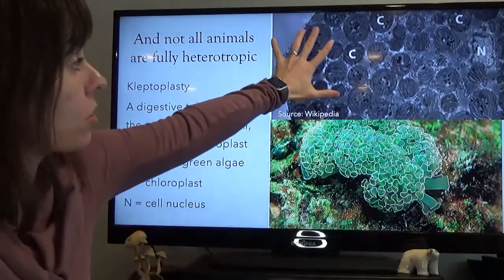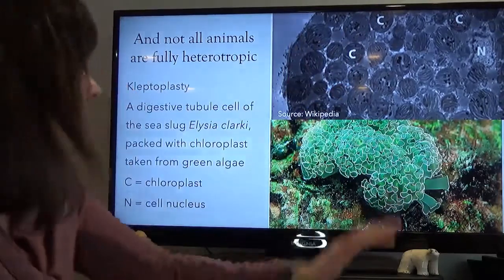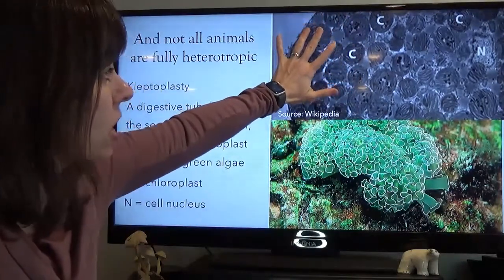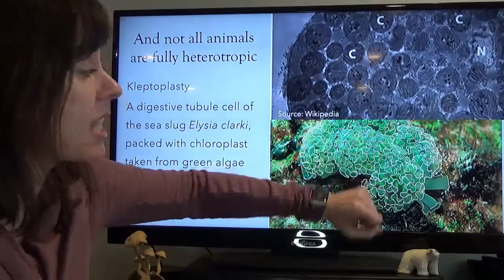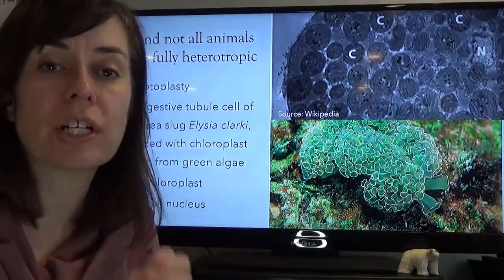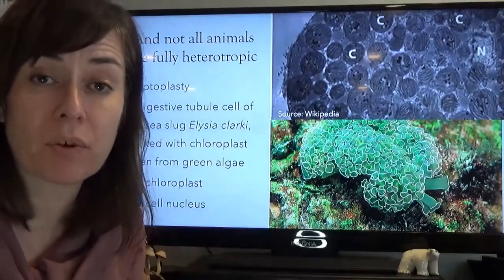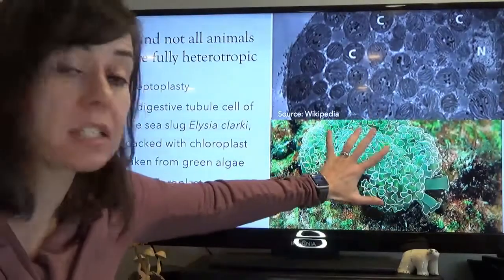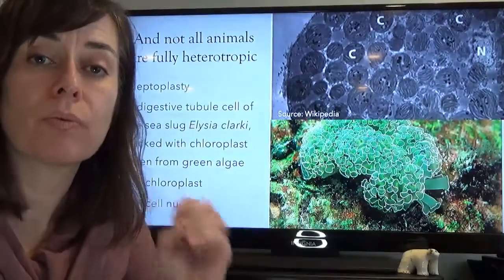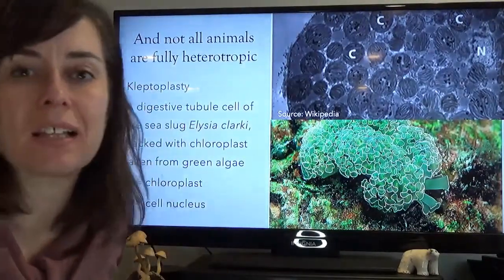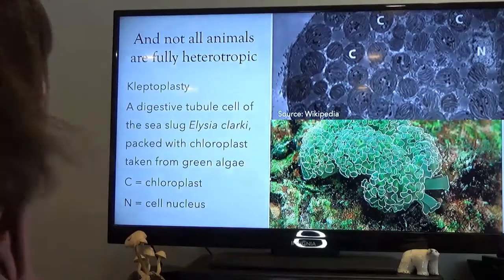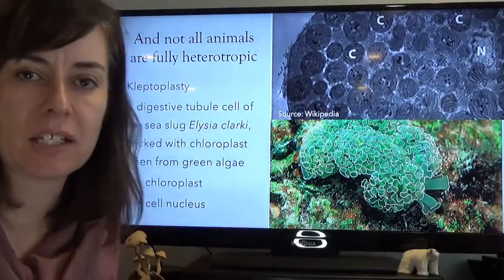They consume some of those chloroplasts, but some of them are incorporated into specialized structures that give them this green appearance. And in fact, some of their nutrition is derived from the ongoing photosynthesis of those chloroplasts. When you put these slugs into the dark, they don't grow as well as when they're in the light. Okay, so this is referred to as kleptoplasty, which is a pretty fun term.